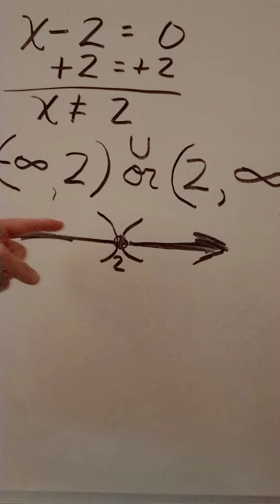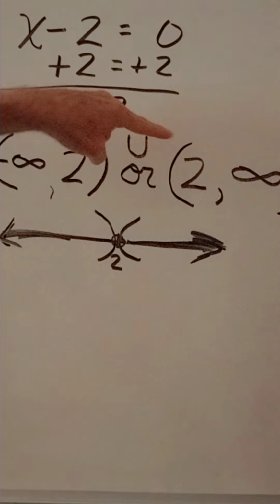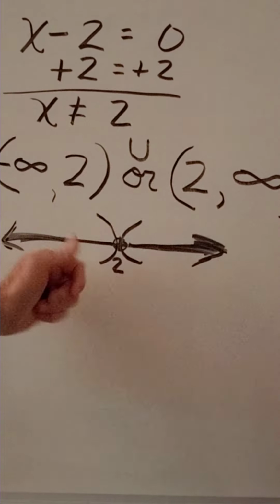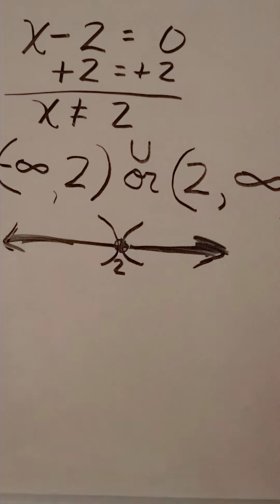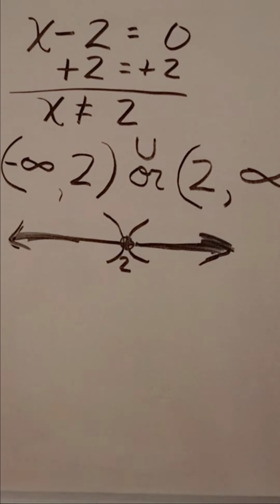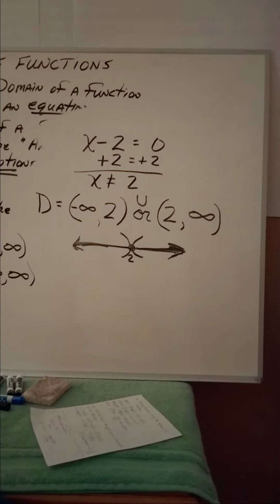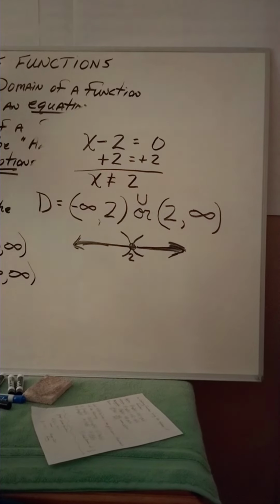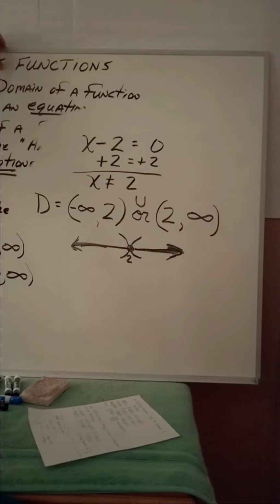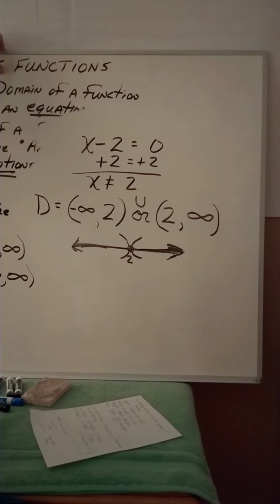That parenthesis opened up in a positive, and it did here. And this one opened up, moving in the negative, and it did. That would be the interval notation for that function. What does it really say? It can be any real number, but not 2.